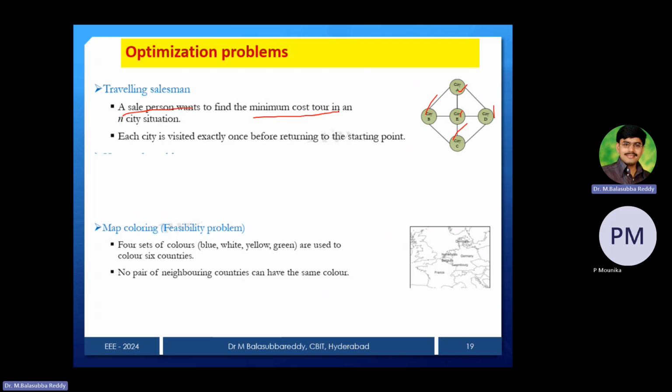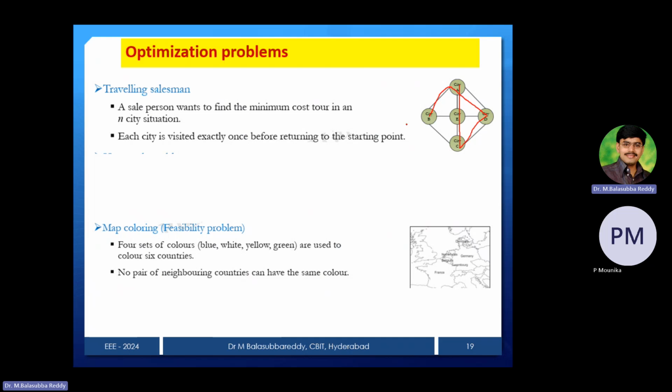We can go many ways. Suppose for example, if I draw one rough route, A goes to E and then C. Then if we go to D, how to meet city B? So he has to go like this, or it has to be like this. So many alternate options are there.